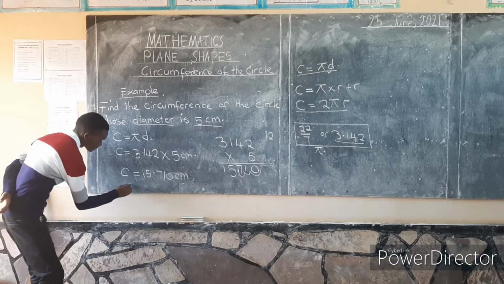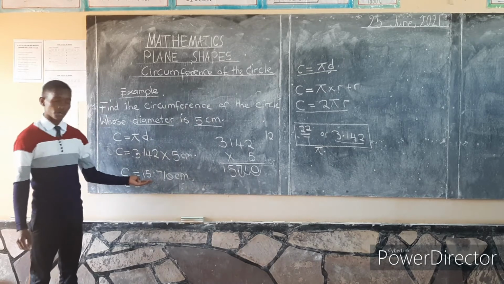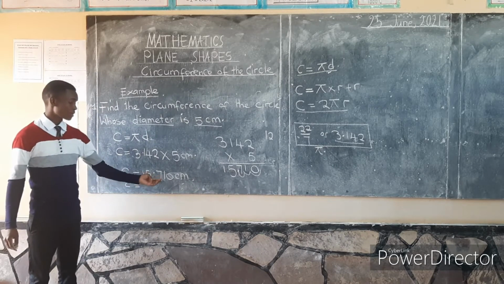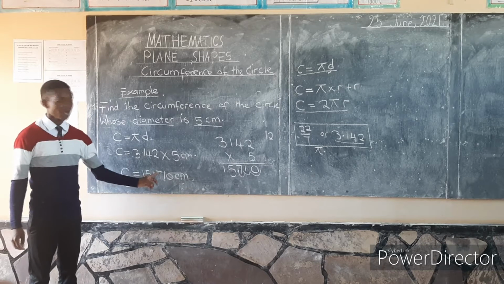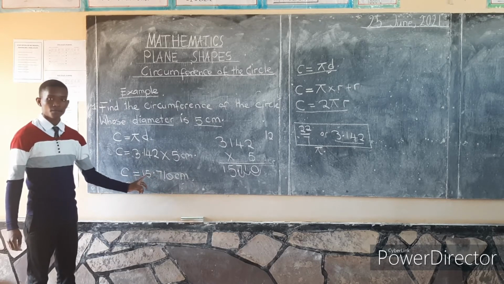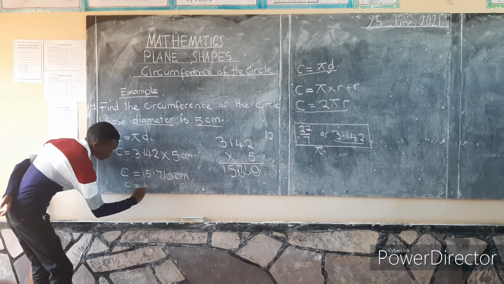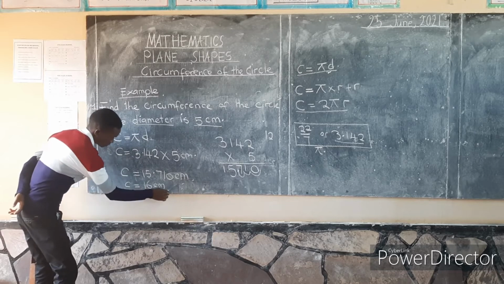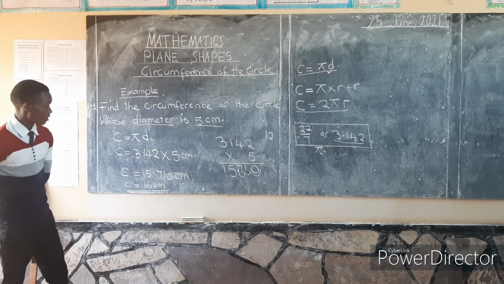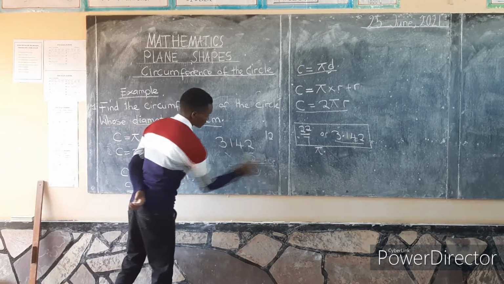So I'll say circumference is equal to, if I round it off, we have 15. When you look at this number, it is bigger than 5. So I'll get a 1 from this number and put it to the next number there, 5. And then I'm going to have a 16. So I'll have 16 centimeters. That is now our final answer.